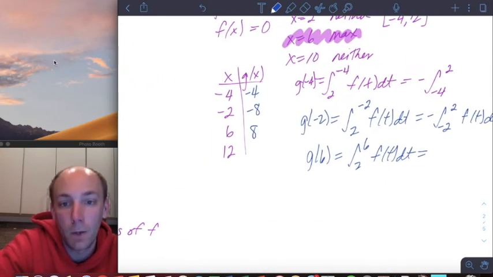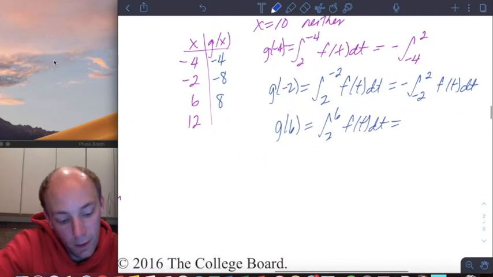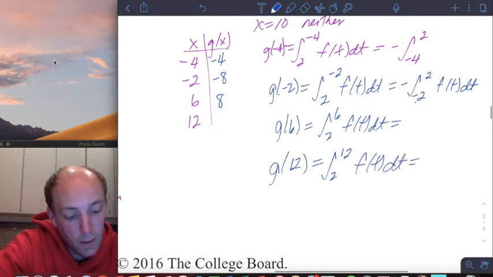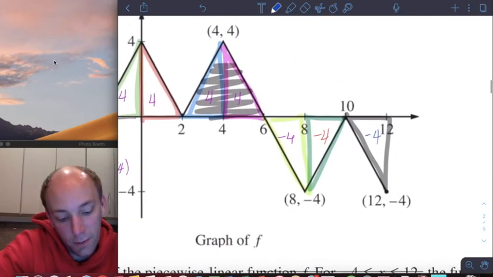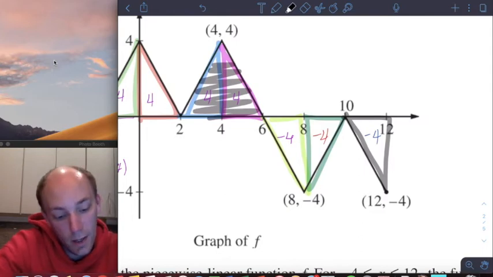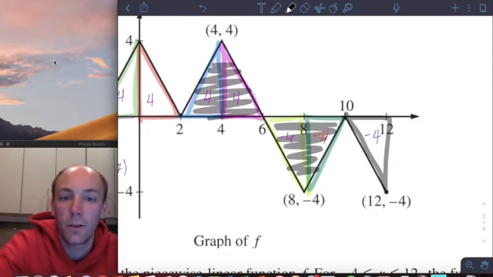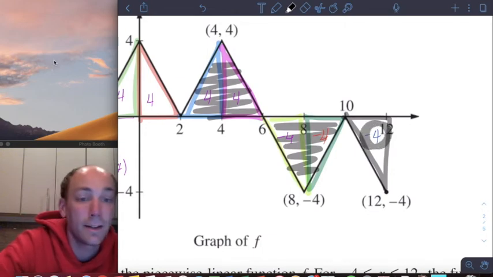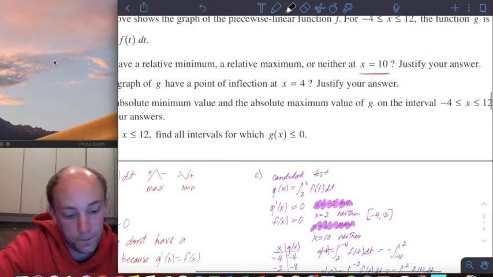Okay? And then lastly here, g of 12 is equal to the integral from 2 to 12 of f of t dt. So if I take a look at the graph from 2 to 12, I've already shaded in those two because I am going from 2 to 6. Now from 6 to 10, those would cancel out with those triangles above, and so I'm just left with this here at the end, which is negative 4.